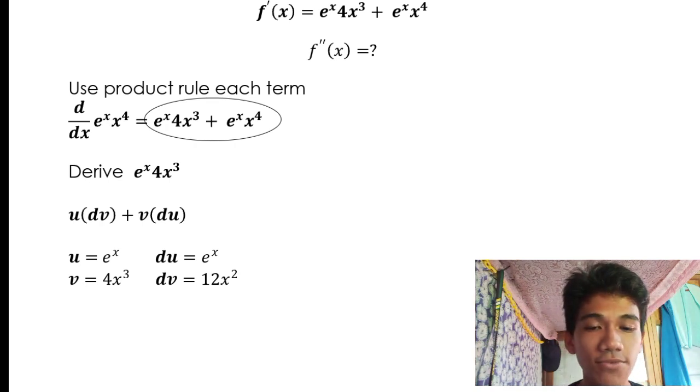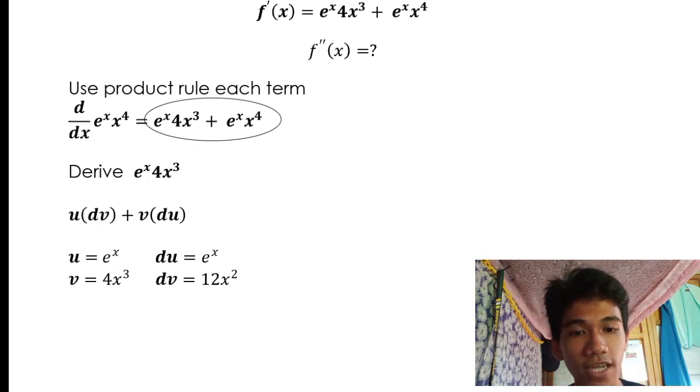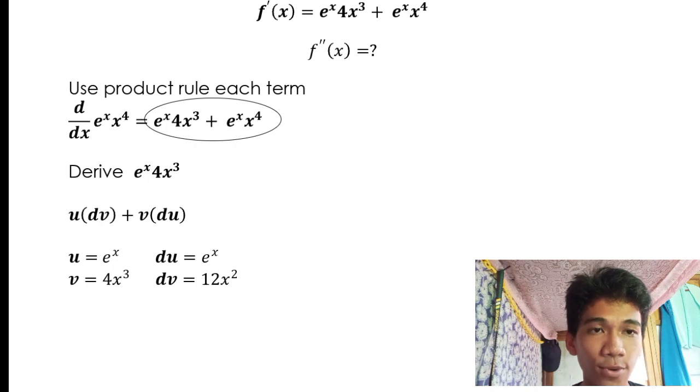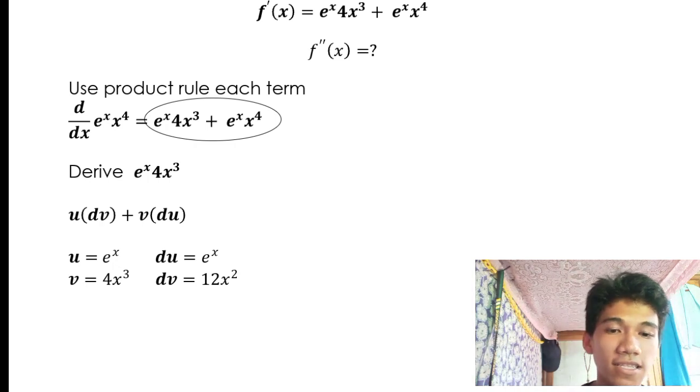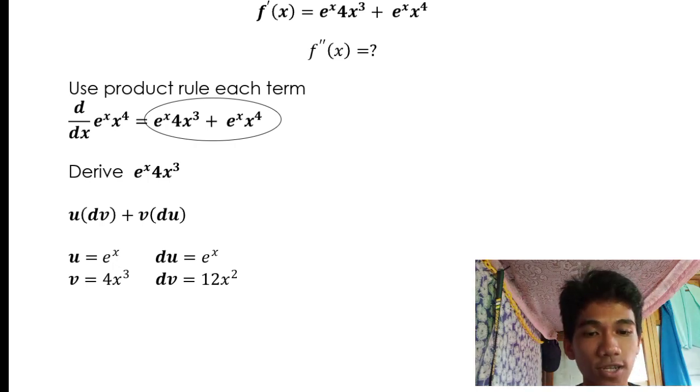So let's list down: u is equal to e raised to x, and v is 4x cubed, and the derivative of u is still e raised to x, and the derivative of v is 12x squared, which we got by multiplying 4 and 3, then subtracting 1 from the exponent.